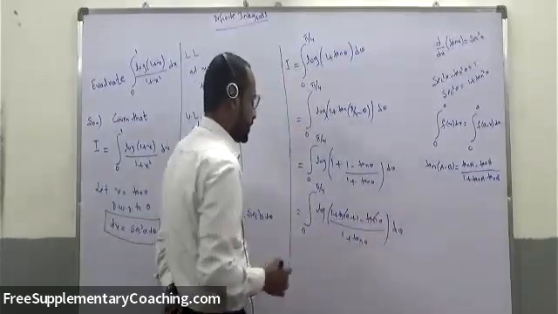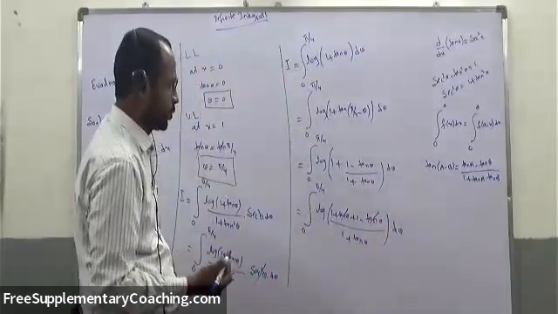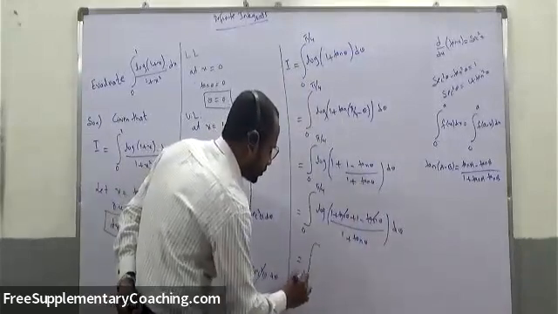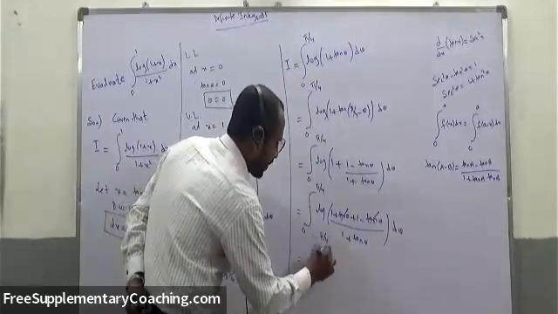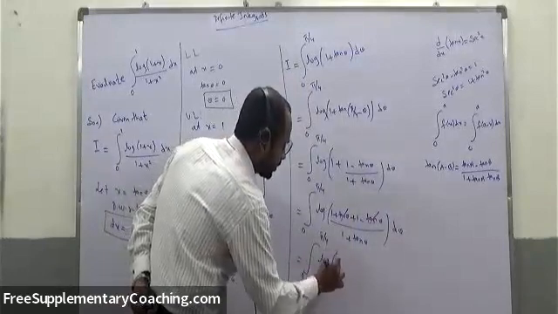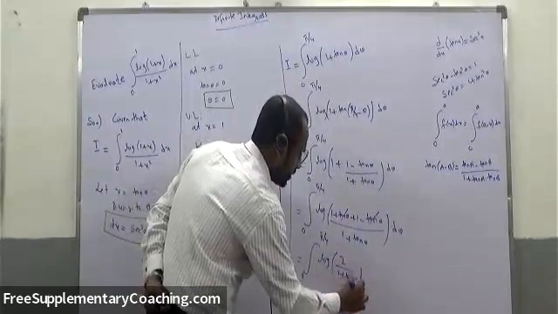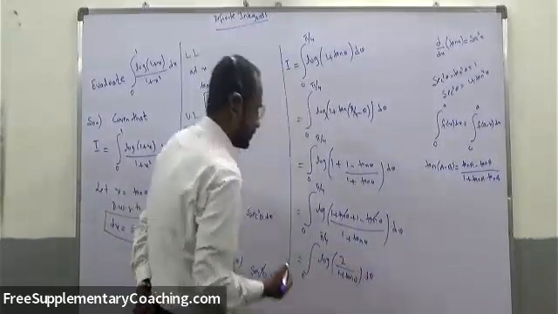Minus tan theta plus tan theta get cancelled. 1 plus 1 is 2. 2 by 1 plus tan theta. So you can write integration of 0 to pi by 4 log 2 by 1 plus tan theta into d theta. Okay.